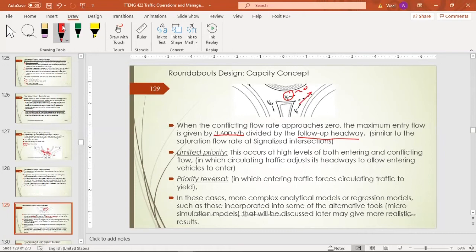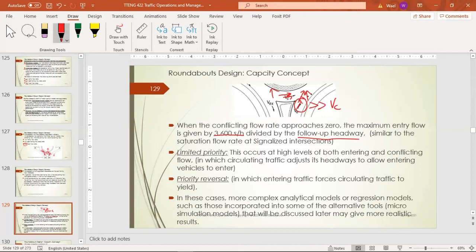Limited priority. This occurs at high levels of both entering and conflicting flow, in which circulating traffic adjusts its headway to allow entering vehicles to enter.